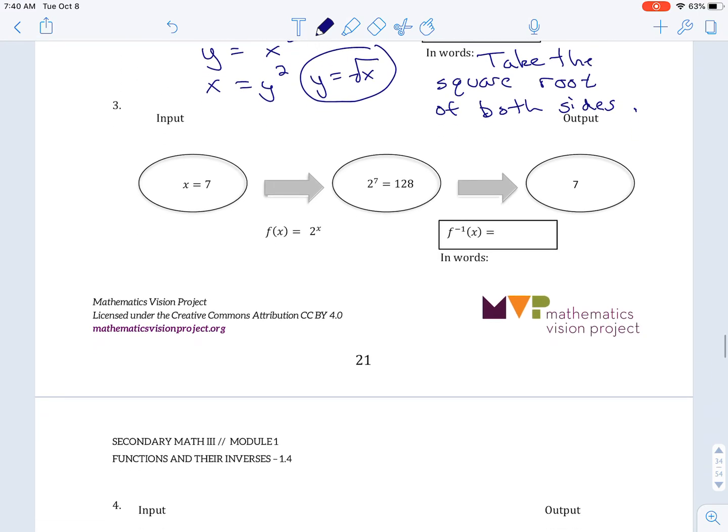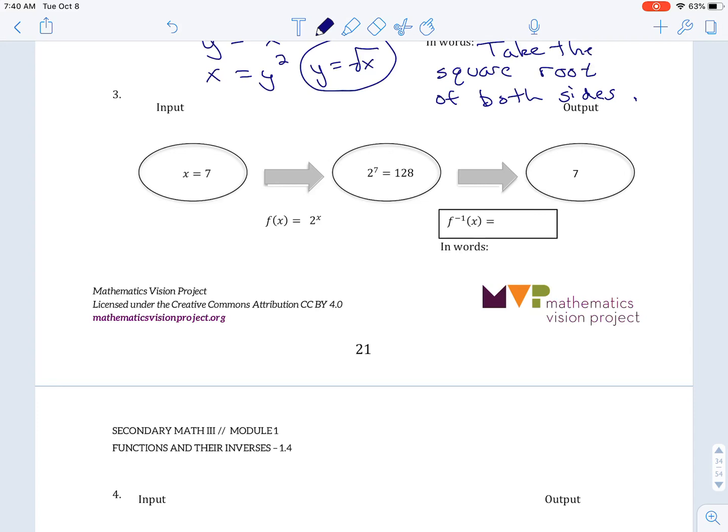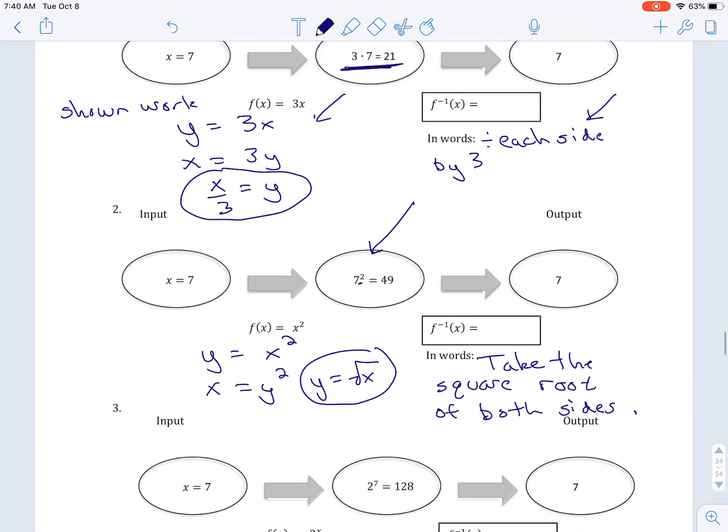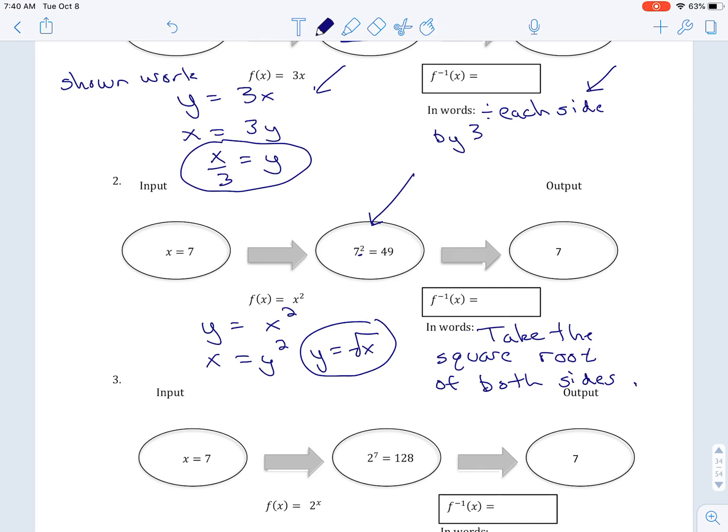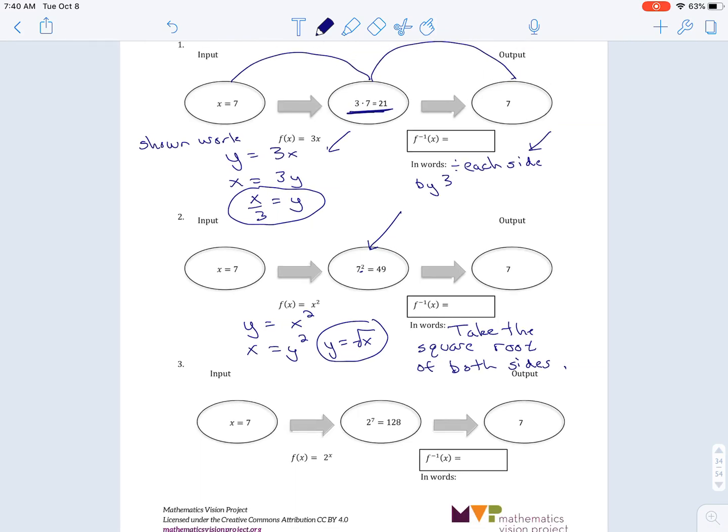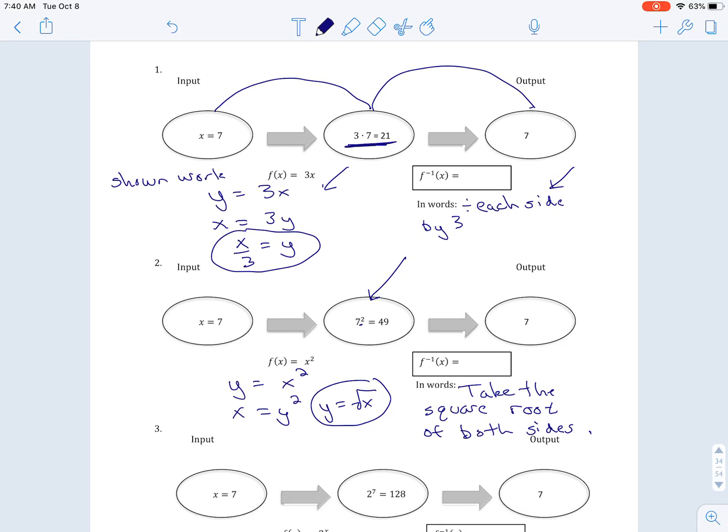Number 3 is going to get a little trickier. And actually, now that I look at the answer key a little bit closer, I want to do a better job of writing our answers. So before we get on to that tougher problem, I'm going to make a correction here in pink.